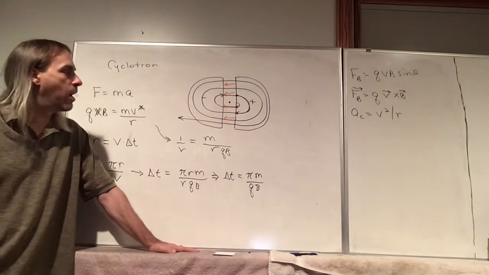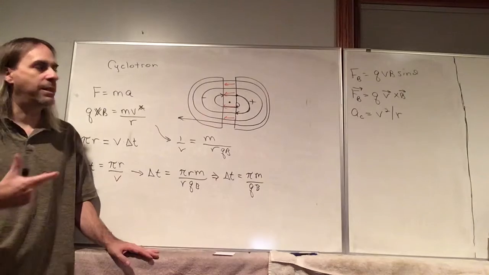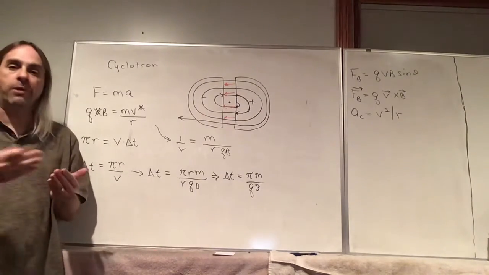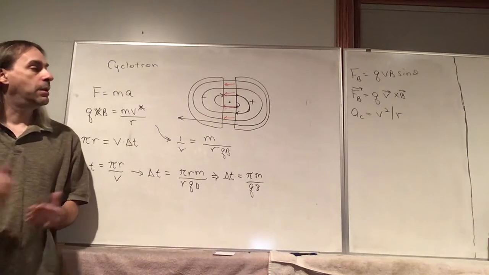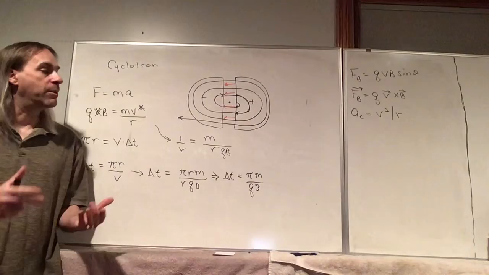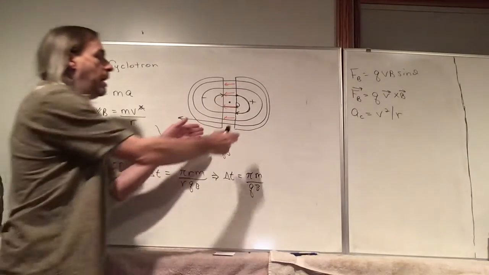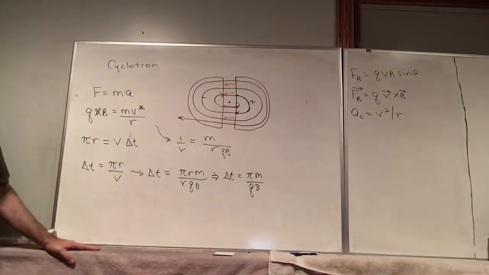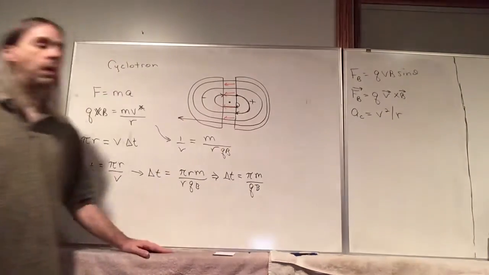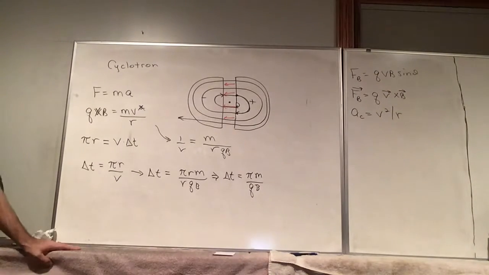So it's something very well understood. We can create potential differences or currents that vary in a very predictable way. So they have a fixed frequency, and you can just hook this up to a source of alternating current and get these positives and negatives to switch however you like them to. And so that's what makes this device possible.